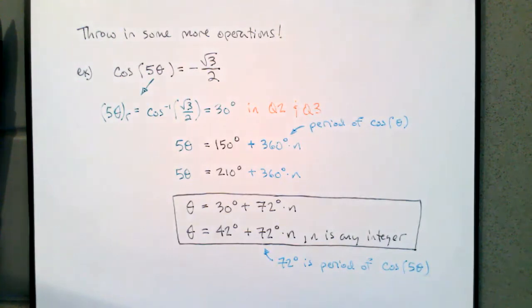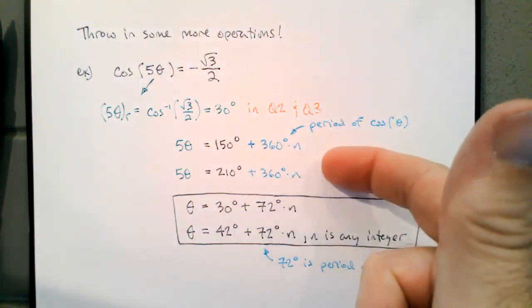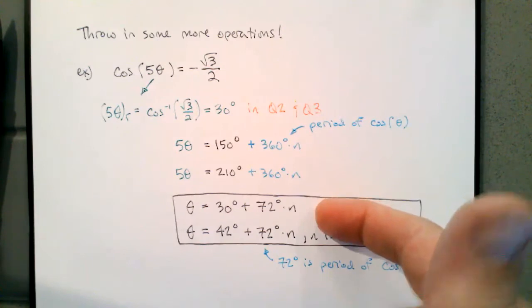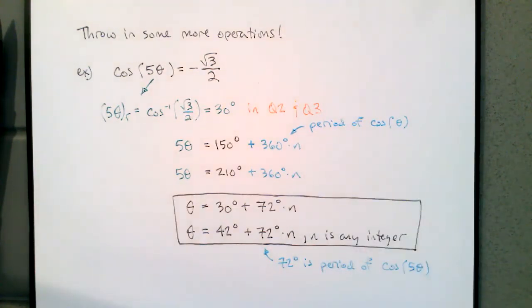In my mind, it works better to write plus 360 times n and then divide by 5 than to divide the 150 and the 210 by 5 and add 72n. It's exactly the same thing because it's just multiplication and addition. But in my mind, it works better if I think of adding the 360n and then dividing that by 5 as well. In your mind, it might work the other way.